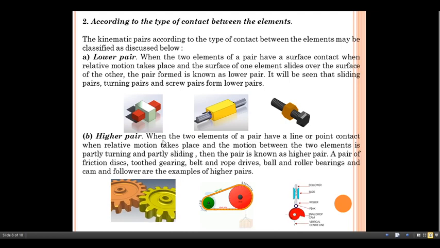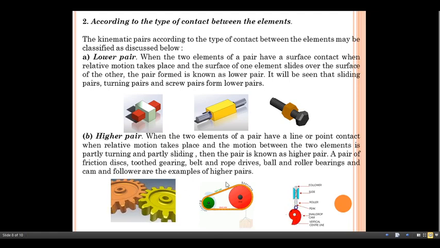Now just see here, when the two elements of a pair, this is the example with the tooth gearing. A pair of gears is the example right now in front of you. As per the information given here, the pair has line or point contact when the relative motion takes place, and the motion between the two elements is partly turning and partly sliding.